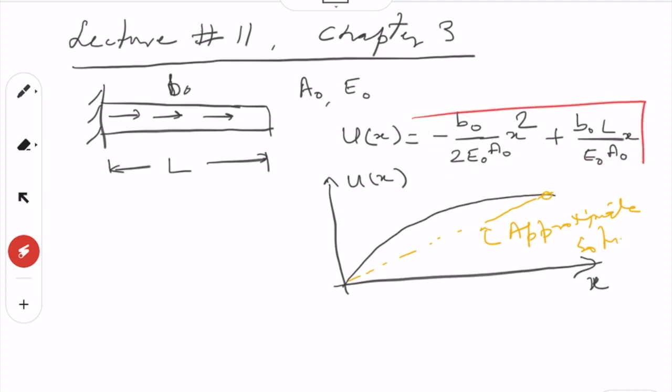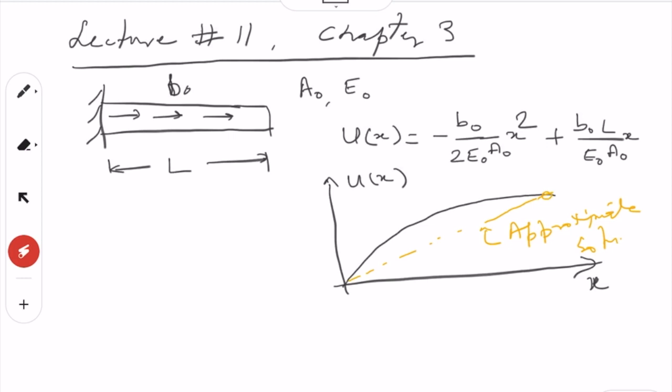However, in different cases, let us say A is changing in a complex manner, or E is also changing in a complex manner, in that case finding the exact solution u x is difficult. In that case we have to assume one kind of solution.